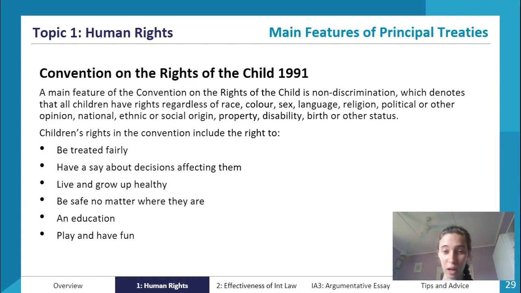We have human rights regardless of all of those things, and it's the same for children in this convention as well. So children's rights in the convention include the right to be treated fairly, and have a say about decisions affecting them, live and grow up healthy, be safe, have an education, and play and have fun. So those things might interest you as well. Just thinking, since we're all young, understanding what our actual rights are is quite interesting.